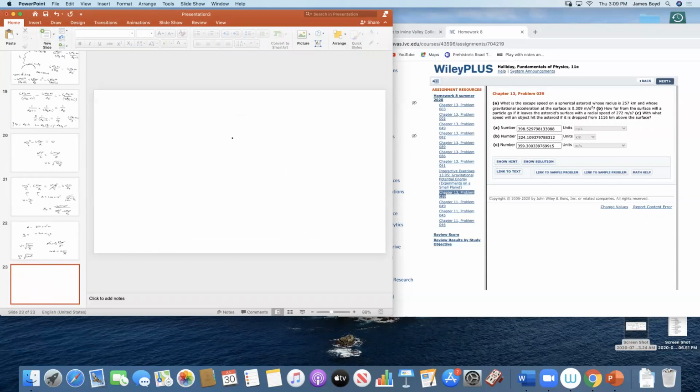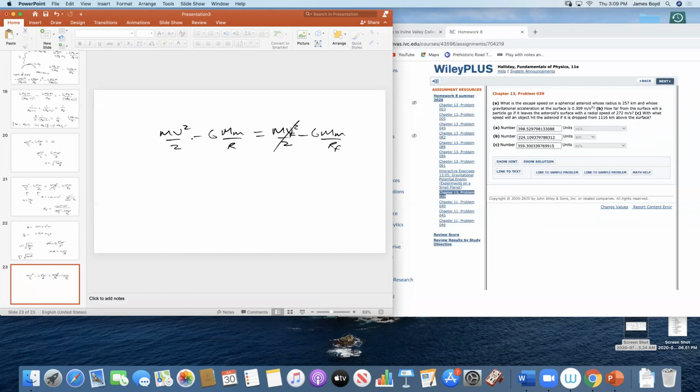So how far from the surface will the particle go if it leaves with a radial speed of 272? So mv squared over 2 minus GMm over r is equal to mv squared over 2 minus GMm over r final. Final is 0. R initial is that, and again, we're finding r final.